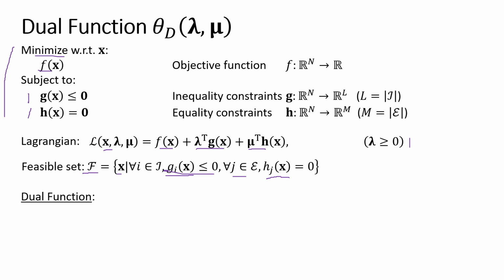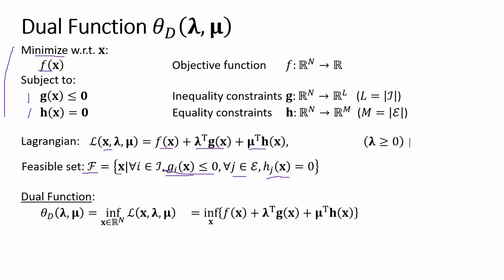The dual function is defined as follows. Theta d lambda mu equals infimum with respect to x of the Lagrangian L of x, lambda, mu. So what we are doing here is we are minimizing the Lagrangian with respect to x, and therefore we eliminate x. Therefore, theta d is only a function of lambda and mu.